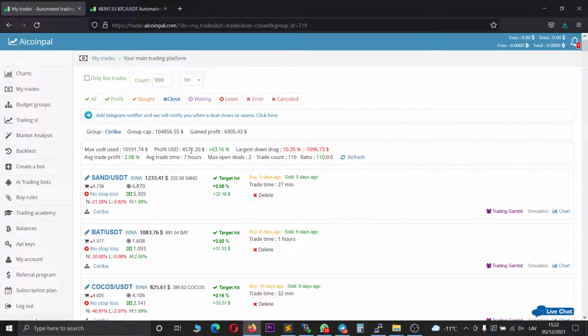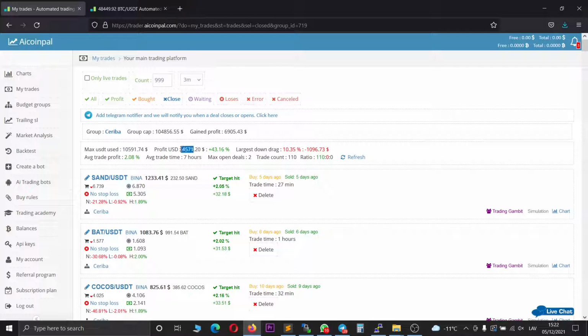So remember, in our capital we have $100,000. The bot used only $10,000. Although it made 43% in those 3 months, it's actually pretty much. So there are a couple of things that we can do to improve our profit here.